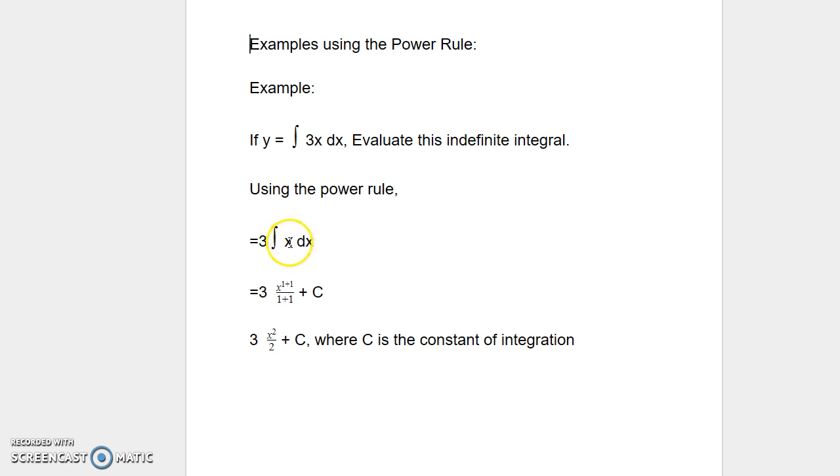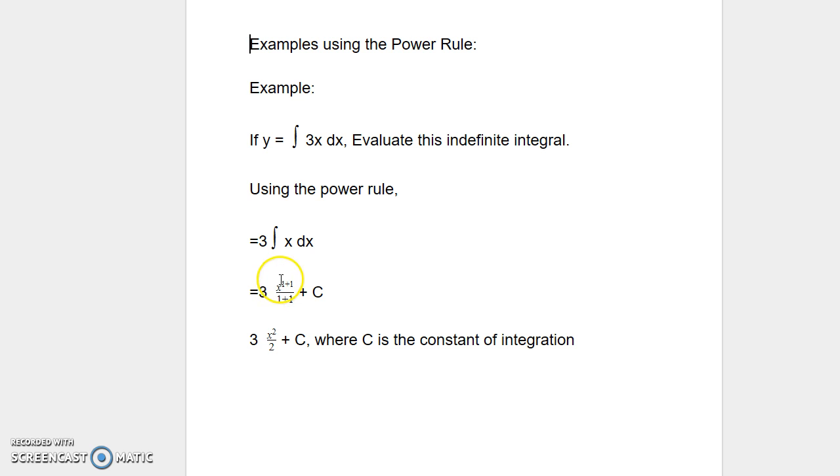So we have 3 times x to the power of 1 plus 1, the whole thing divided by 1 plus 1. This is the way the power rule expands when we integrate x dx.